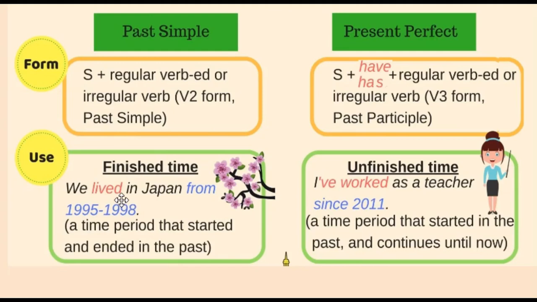Цей час, звичайно, має 3 або більше шляхів використання. Тобто, ми не можемо сказати, що past simple означає щось одне. І present perfect означає щось одне. Sometimes people ask, what does it mean if I say this in past simple? What does it mean?